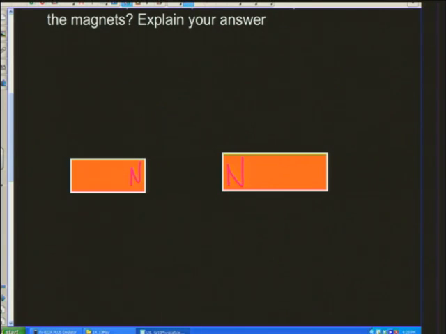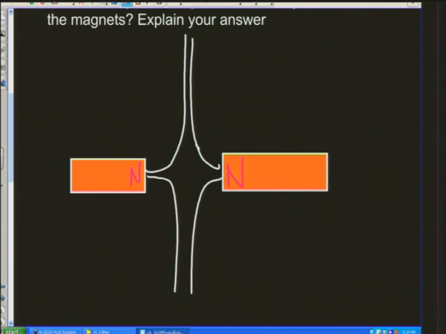Now we've got to draw the field line pattern. Remember, it goes away from the north. So if I start to draw this away from the north, what I'll recognize is that there's one coming from here as well. These magnetic field lines can't overlap each other. They've got to do like that. They've got to separate.